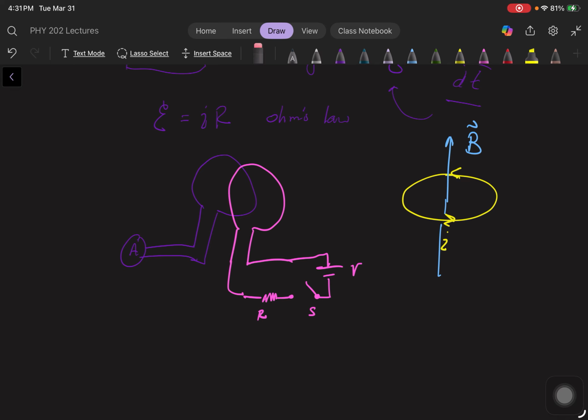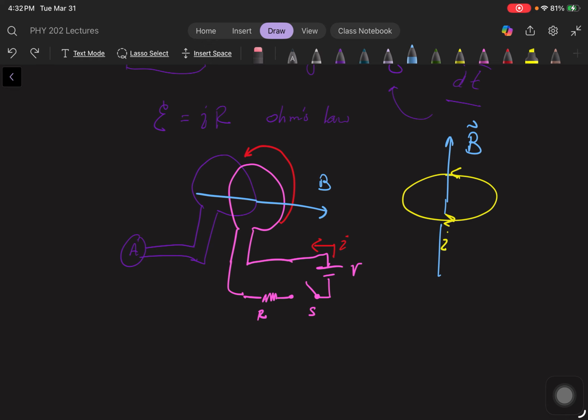If we have this set up such that current flows this way, we get a magnetic field that points this way, and that only pops into existence once we close the switch.